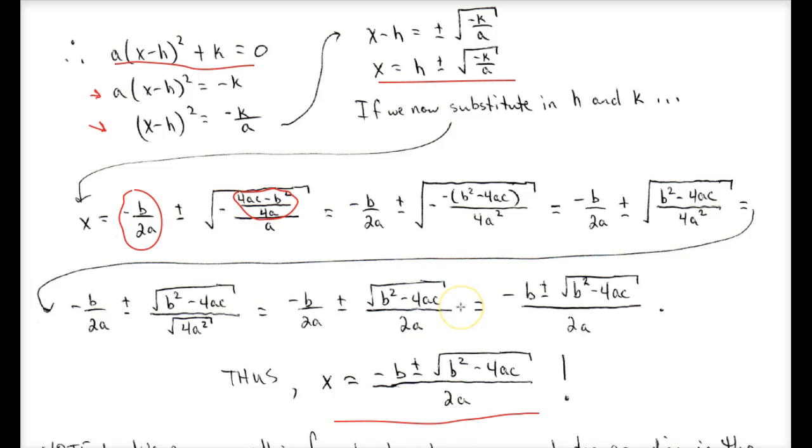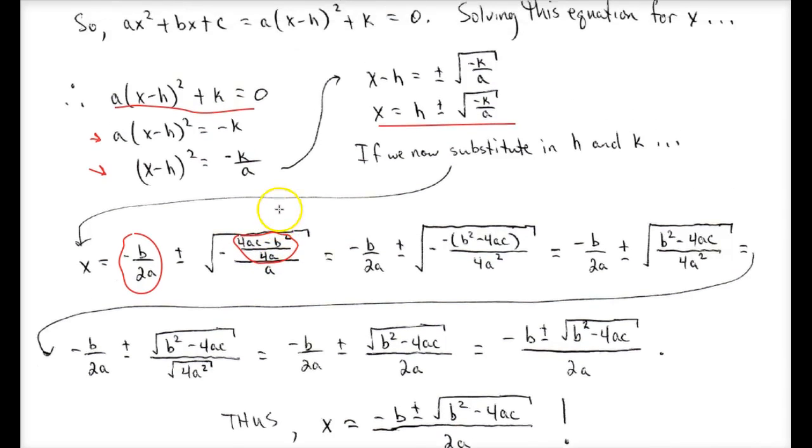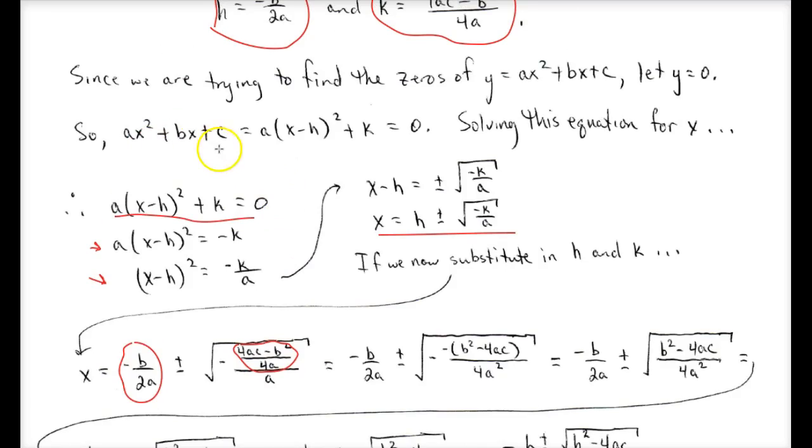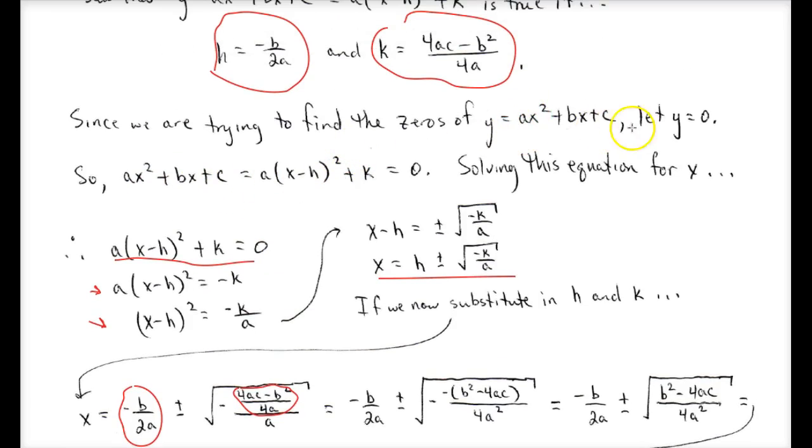Okay, and so that's how we actually get that. For those of you wondering where h and k being these expressions comes from, that comes from doing the completing the square method on this actual equation here.